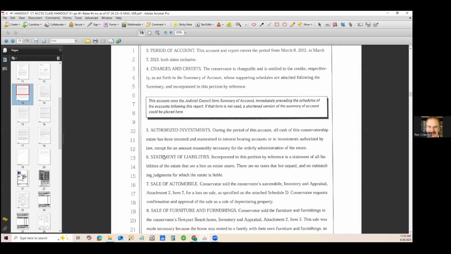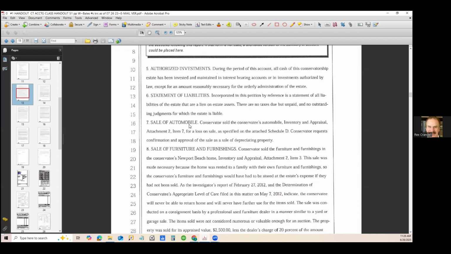Every other category is necessary except for when I say it's optional. In your instance, you may not have sold an automobile. If you didn't during the account period, there's no purpose for stating this. So you may just skip these two items right here, go to the next one, and renumber.